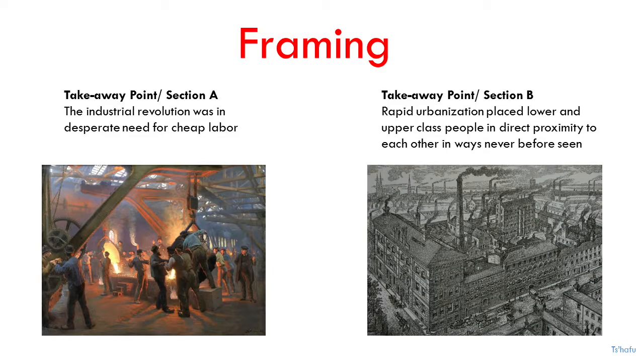We're speaking about population density really in terms of bringing upper and lower class people in close proximity in ways never before seen. That is our frame. And you always need to have a frame when you're constructing your section. Your frame is essentially the equivalent of the takeaway point. Now everything in that section is filtered through this particular frame that you're constructing.